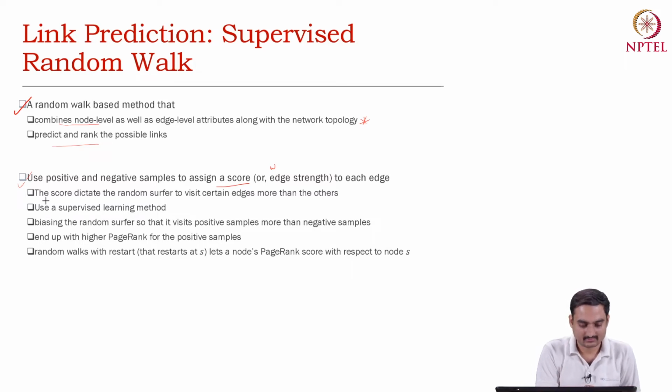The edge strength score dictates the random walker to visit certain edges more often than others. Therefore, this is a biased random walk. We bias the random walk so that the walker moves through those edges which have high edge strength.